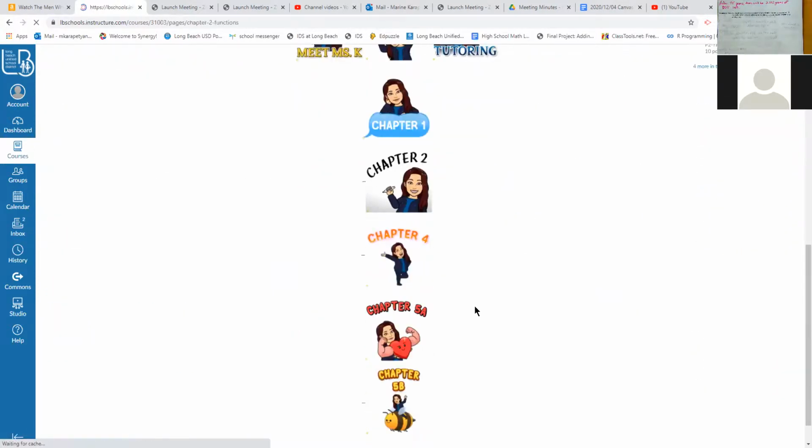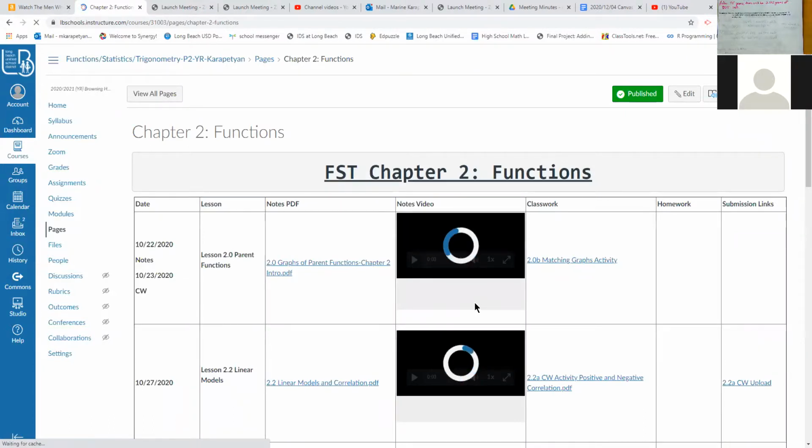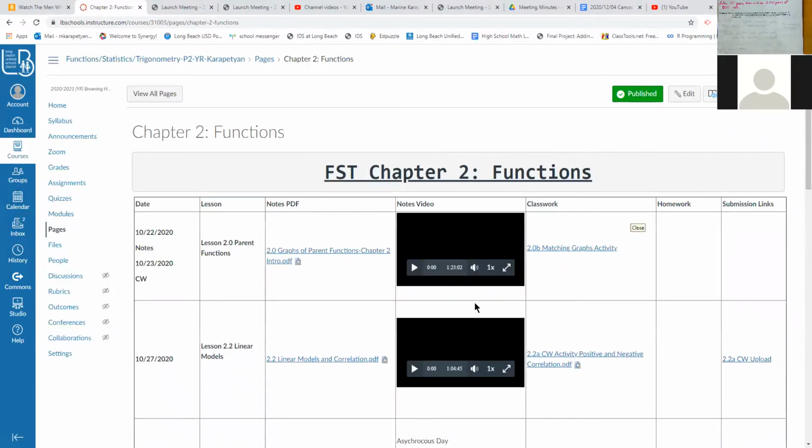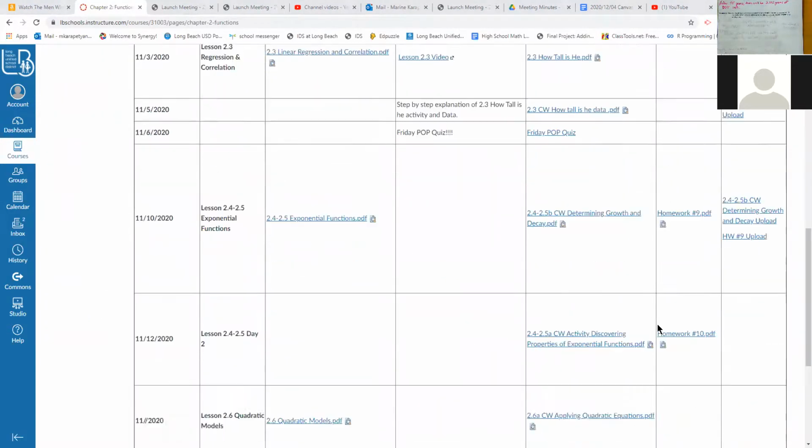Go to chapter 2 here. Lesson 2.4, 2.5, day 2. So 11, 12, 2020, that's today. You are just going to be working on homework number 10.